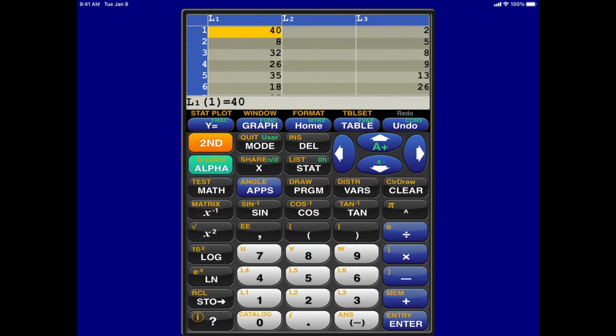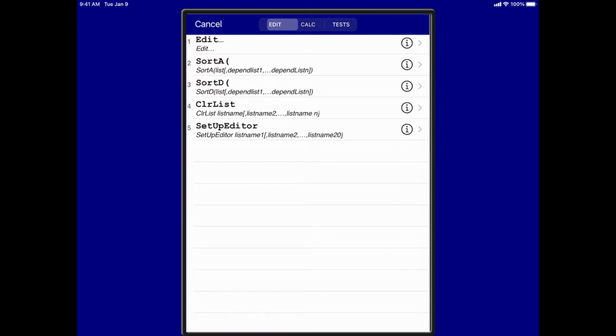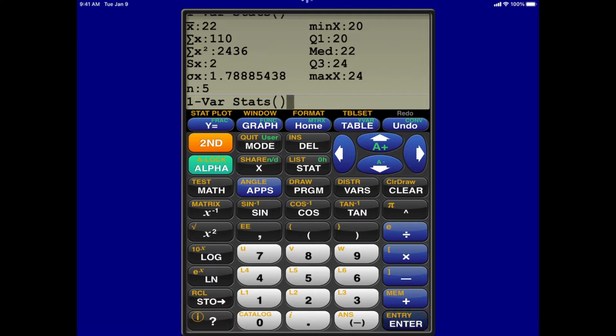And let's go ahead and get those numbers. Stat, calc, 1 var stats. And there I have x bar there. The average is 27. Take out my phone, take a picture.